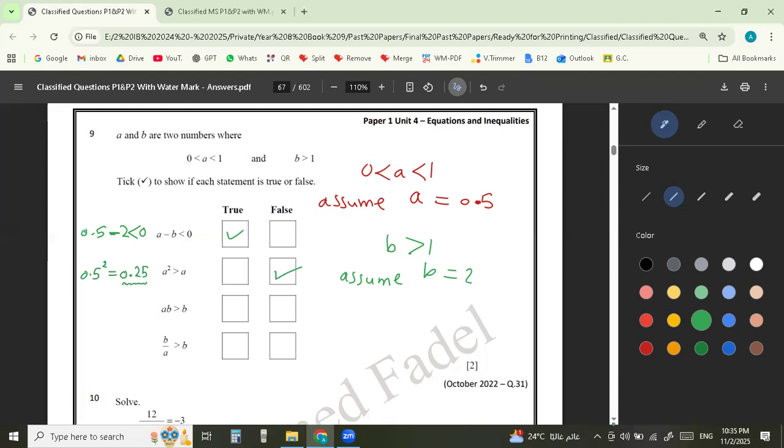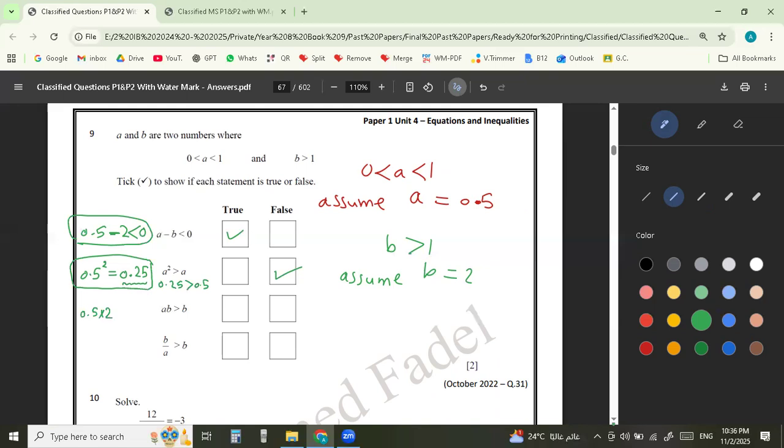Let me just put them here in brackets. 0.25 is greater than 0.5? No, false. Good? Type here, A times B, which means 0.5 times 2 equals what?